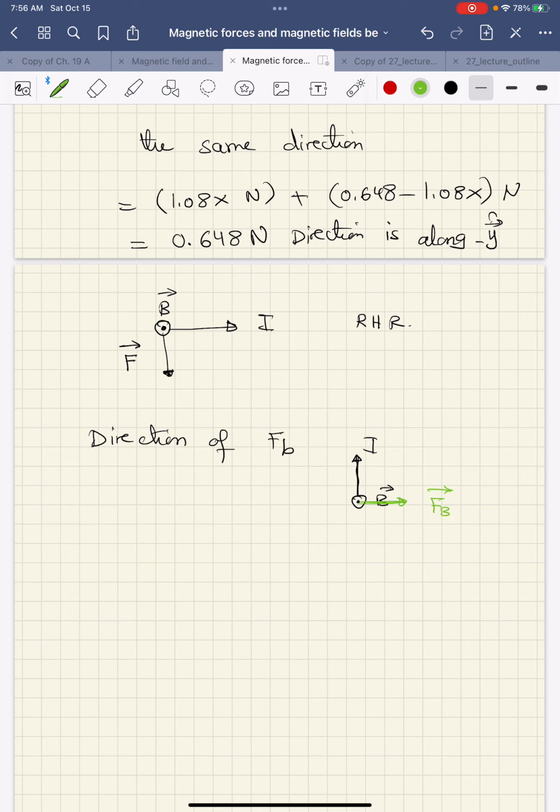Remember always the axes. If I wish to calculate the total force, I have two vectors, one along the negative y, and one along the positive x. They are perpendicular to each other, and therefore I can say it is the square root of FAC squared plus FB squared.